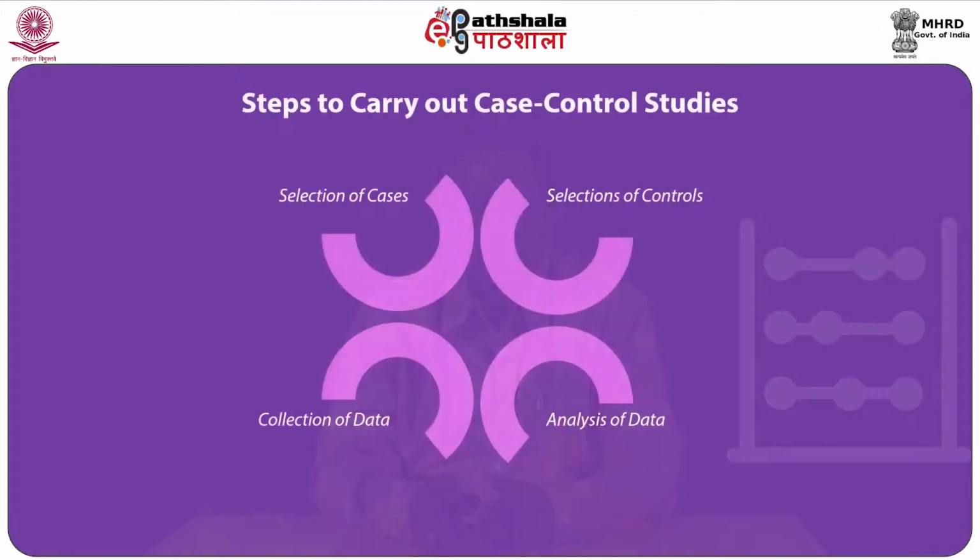At times, patients who have the outcome, that is cases, are likely to scrutinize the past, remembering details of negative exposures more closely than controls, which is known as recall bias. The researcher has to minimize this type of bias so as to strengthen the study.